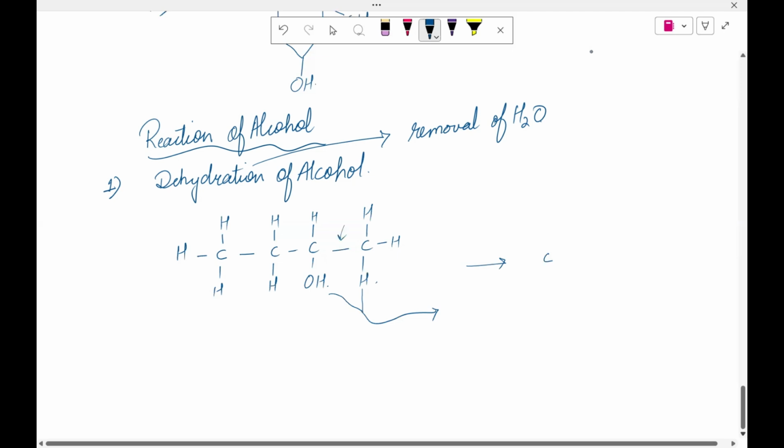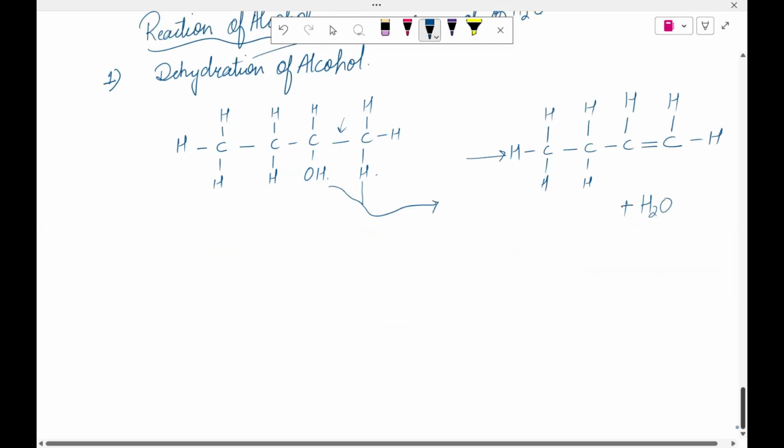So that would become C-C-C double bond C. Are you getting my point? This one would become H, H, this is H, and this one would become H, H, H, H, and this is H, with the removal of water like this.